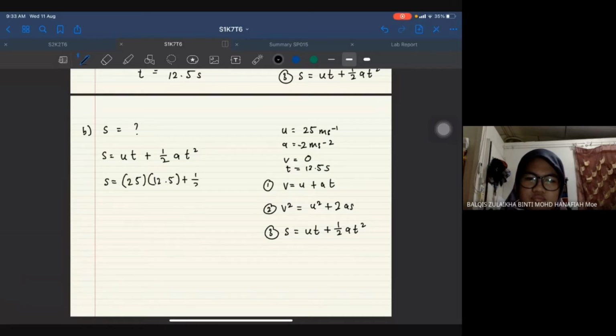Plus half, A. Okay, ini yang selalu student lupa square. I don't know why. Kadang-kadang dia tulis, calculator tak tekan. So lagging sikit saya punya ni. Okay, anyway. So 35 multiply with 12.5. Okay, I do it one by one.